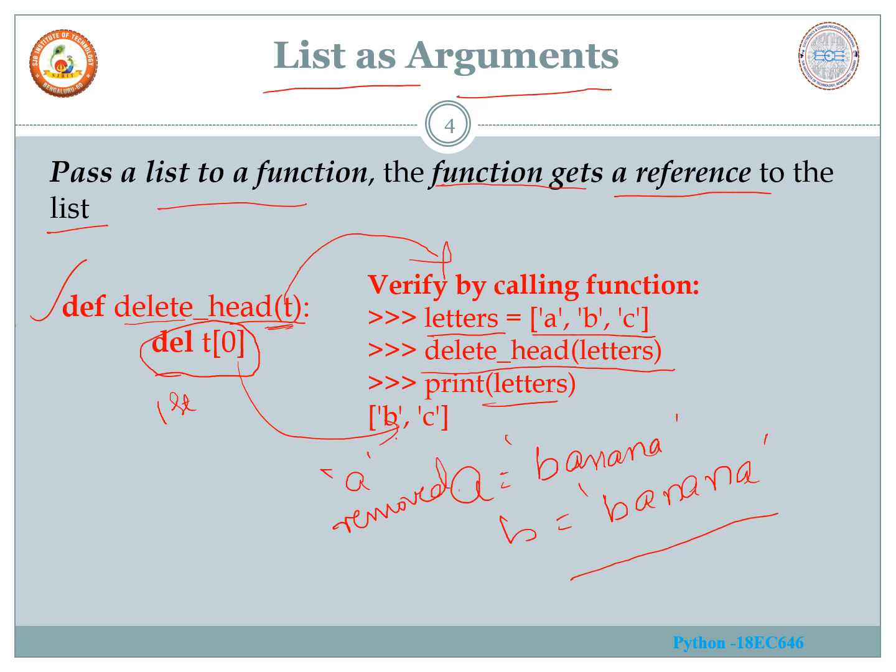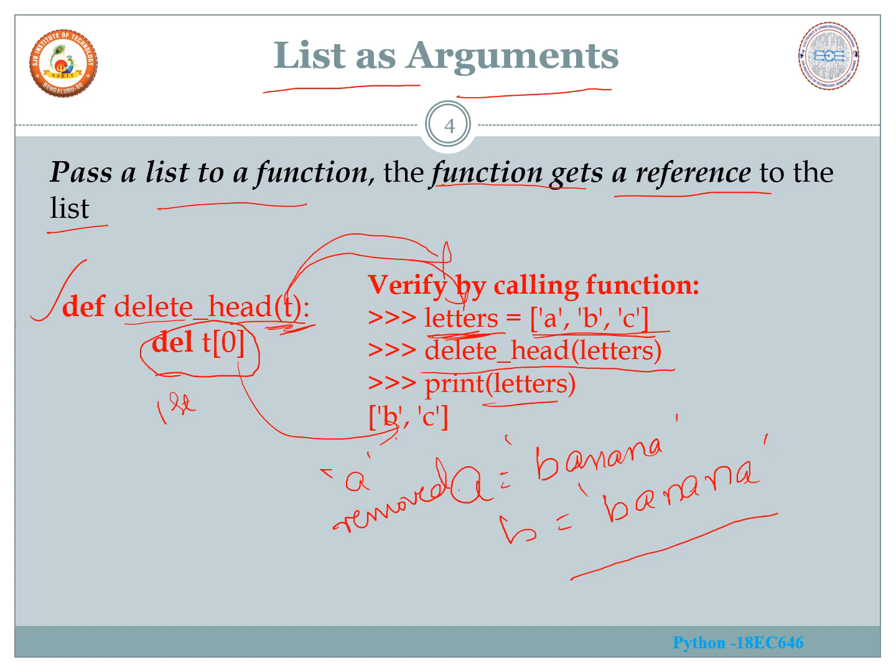So we can make use of lists as arguments also. Now the parameter t, which we are pointing, and the variable letters are aliased. So t is pointing to the variable called letters. So it is aliasing, meaning it is referring to the same object. It is A, B, C. That is a list, right?